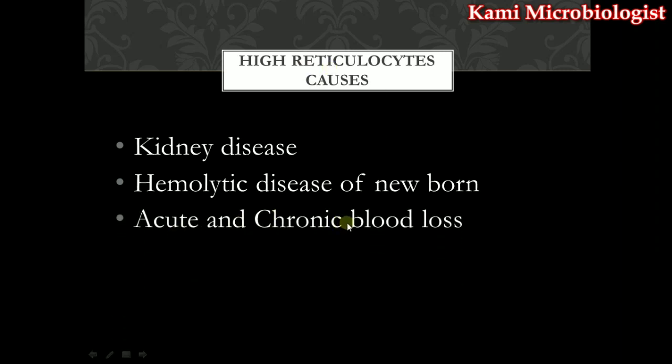Then we have acute and chronic blood loss. In case of acute blood loss, there is blood loss, but not at a high percentage. And in case of chronic blood loss, the blood loss will be at a high percentage. So in both cases the reticulocyte count is increasing, because it affects the bone marrow.